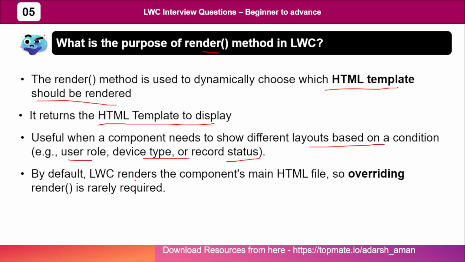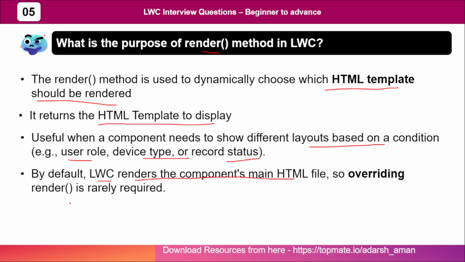By default, LWC renders the component's main HTML file, so overriding render is rarely required. Whenever you write any LWC component, the main HTML file will get rendered on the page, right? But if you want to override it and show a different HTML template, you have to write the render method.